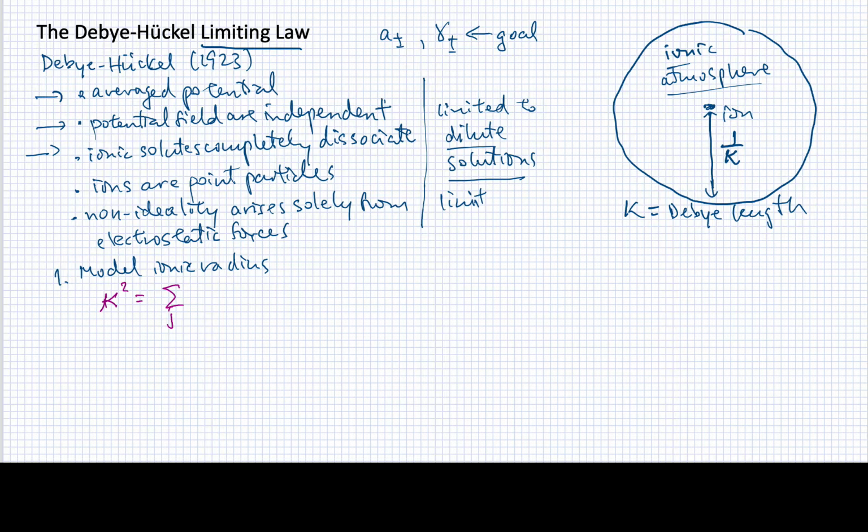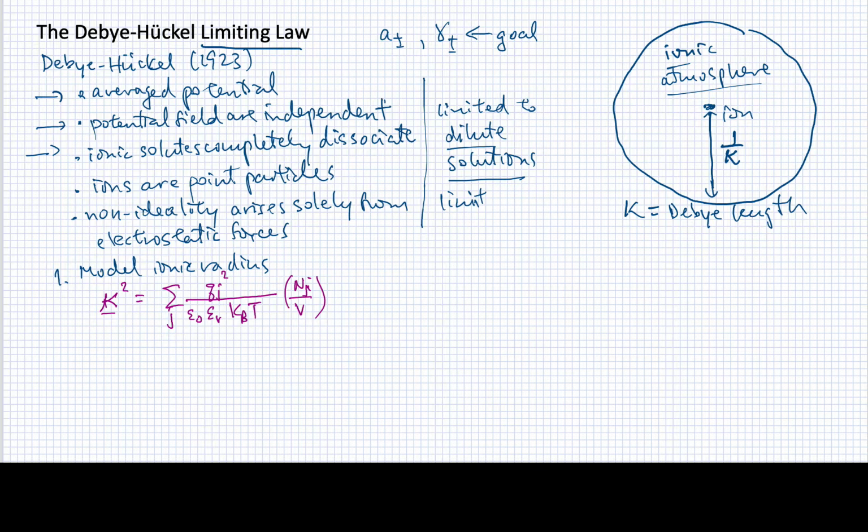That is, this sum is just over the charged particles produced by one solute molecule. It is related to the charge of that particle squared, divided by the permittivities of the vacuum and the solvent, and then some familiar pieces, kBT. This was then multiplied by the number density of these particles in that solution. So this was the expression that they derived for this Debye length.